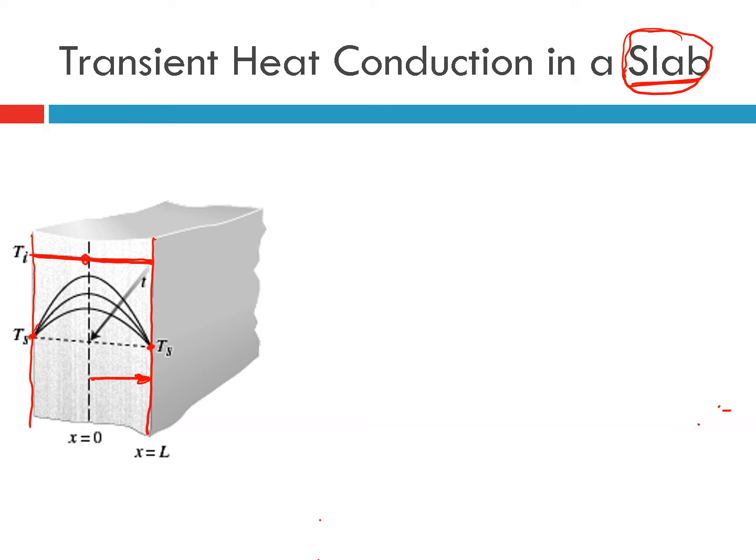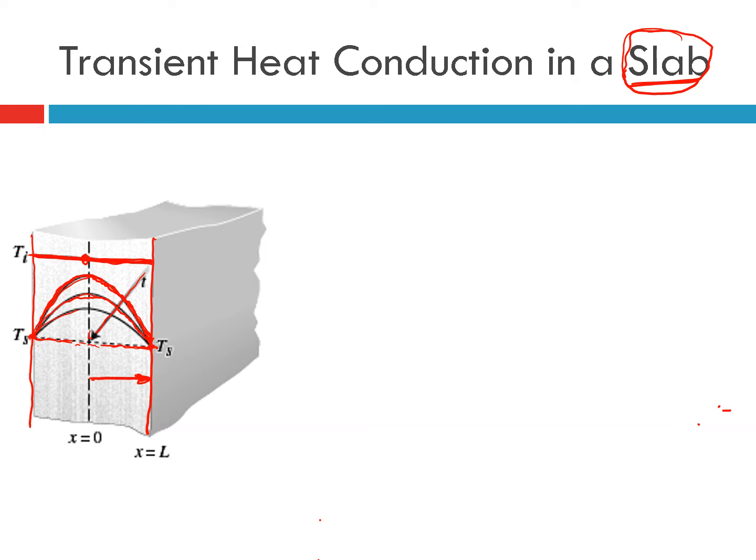So the temperature profile at any given time can be something like that, but it will keep changing with time. It is these temperature profiles that we are going to try to get. As time changes, these temperatures all will eventually approach the boundary temperature. So it starts from here and goes up to here, and this is an intermediate time.